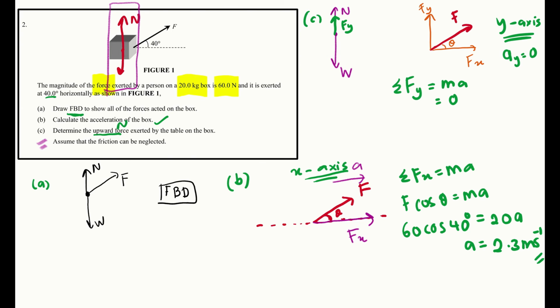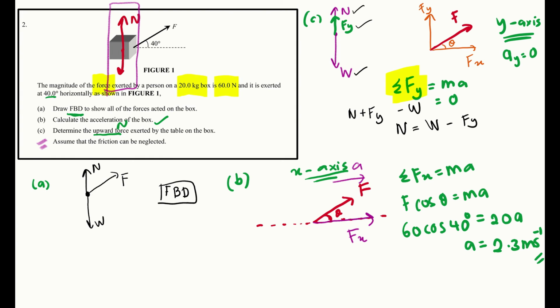And for total forces in y-axis, we have 3 forces: normal, Fy, W. So we add up all the forces based on the direction. So everything is upward is going to be positive, everything downward is going to be negative. And we want to find normal, so the equation is going to be weight minus Fy.